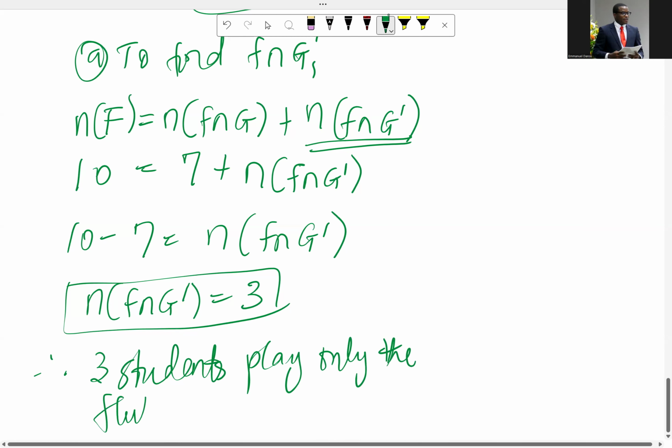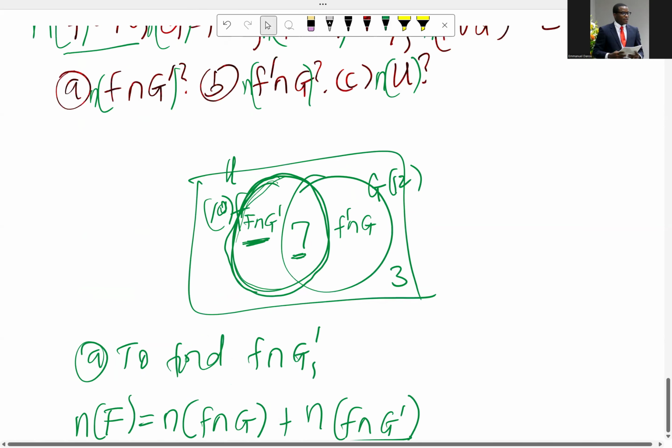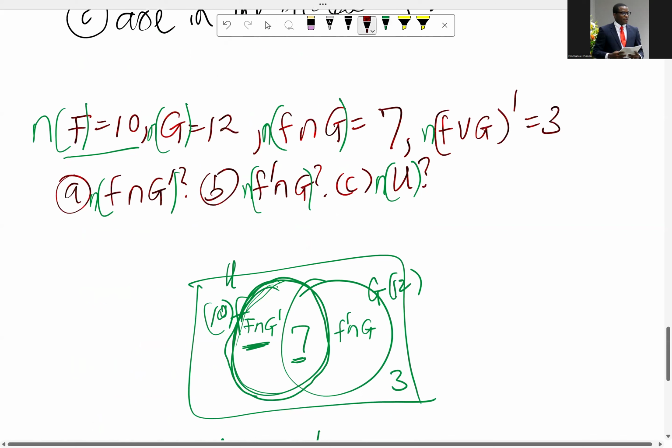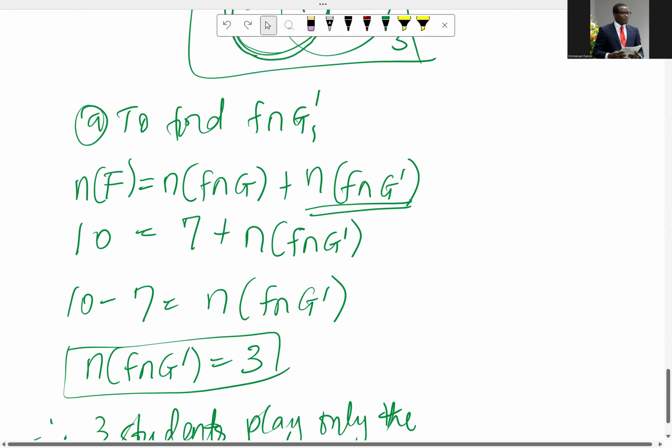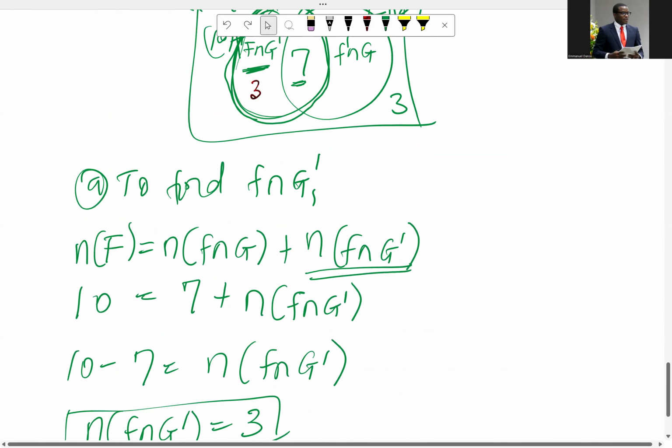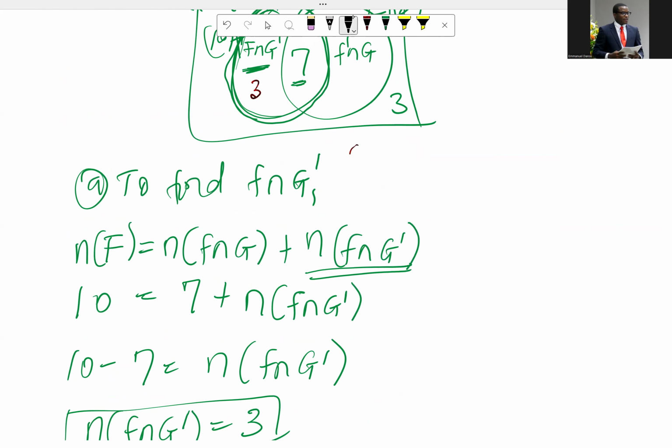So this particular region now is 3, for those who play the flute. So we can use the same idea for B. I need to change the marker, let me do this.